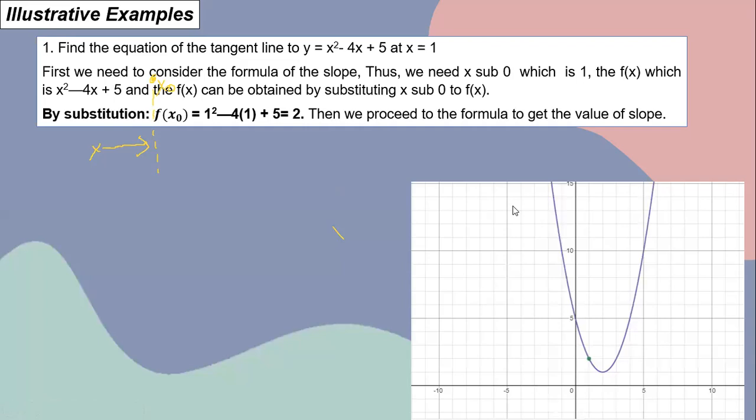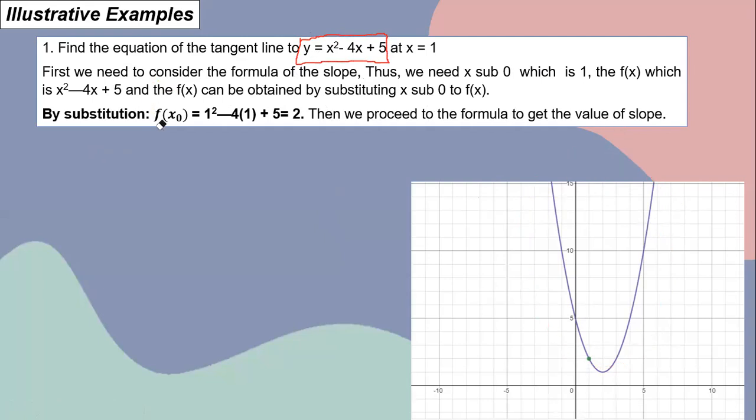So for our first example, we will find the equation of the tangent line to y is equal to x squared minus 4x plus 5. So I have here the equation of the parabola. So ito po yung graph nun. Okay, so that is the parabola.